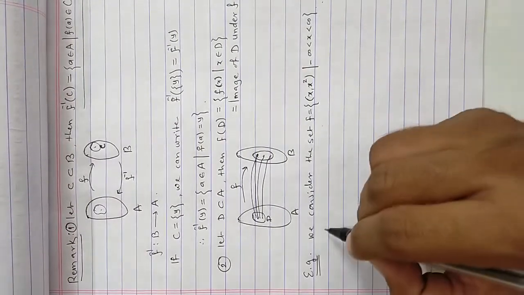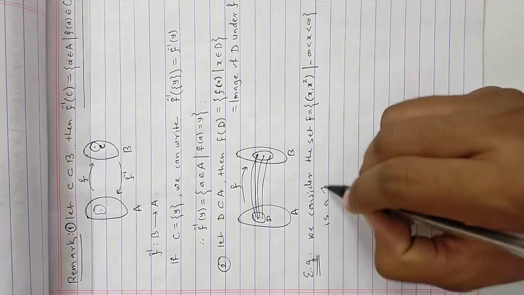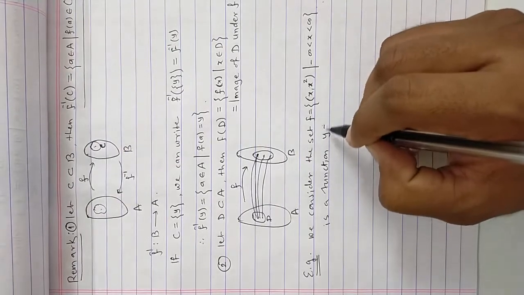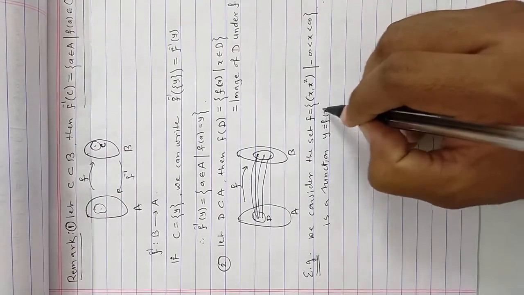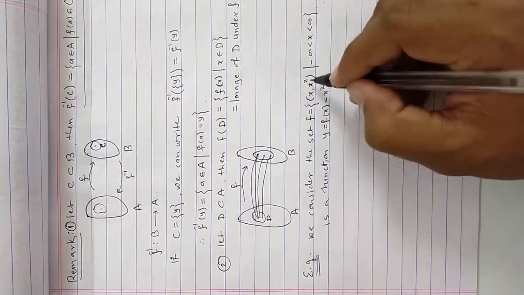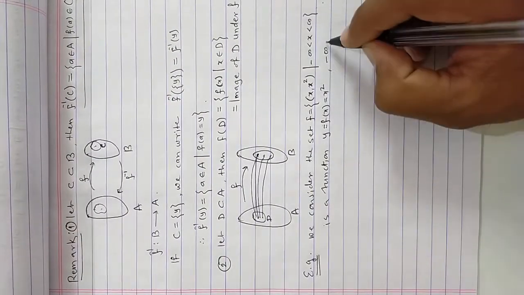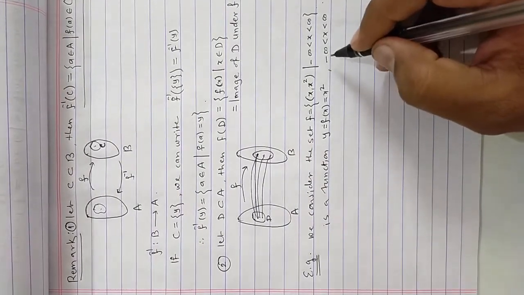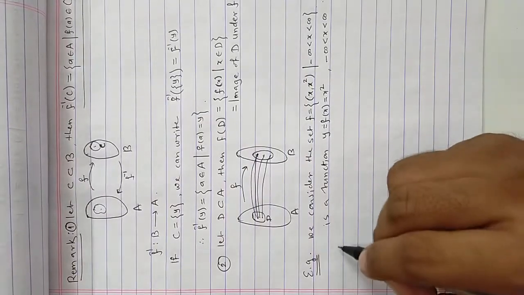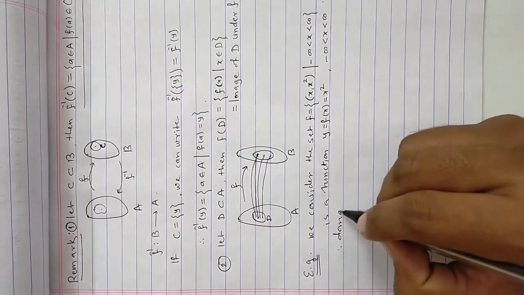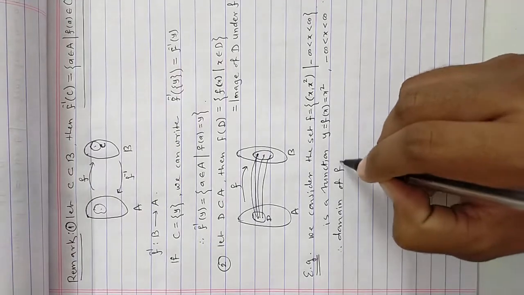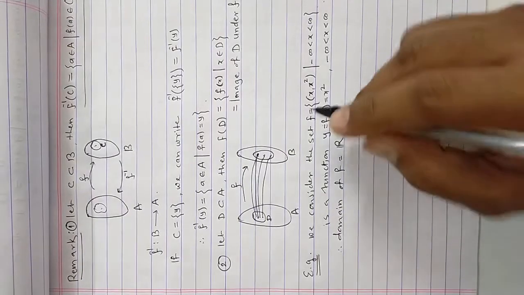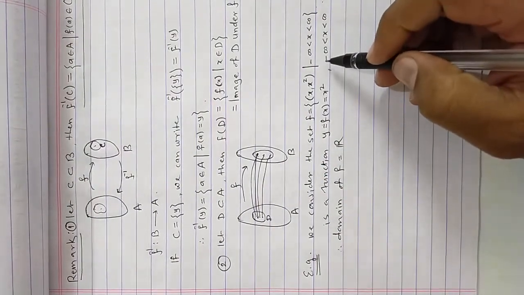It is the function y or f of x equal to x square. The input is x, output is x square. What is the domain? Minus infinity to plus infinity. Therefore, domain of f is minus infinity to plus infinity, or the real line.